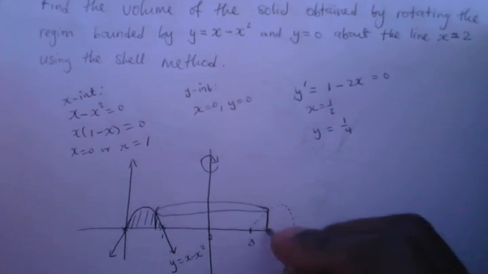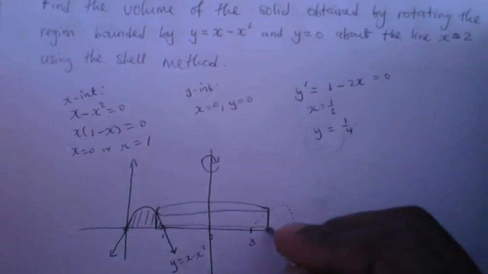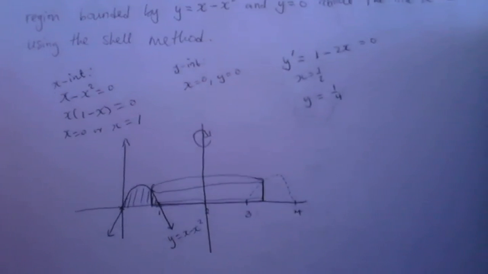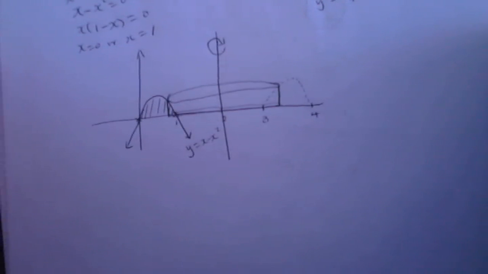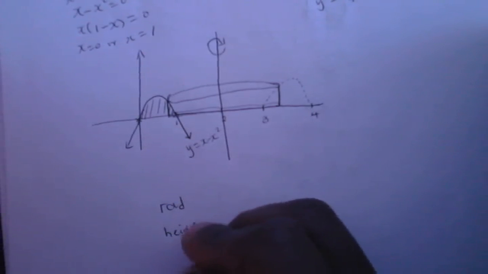There we go, that's my shell. So this is a typical shell that you can draw. Now there are two things we need to know about the shell: what the radius is and what the height is.